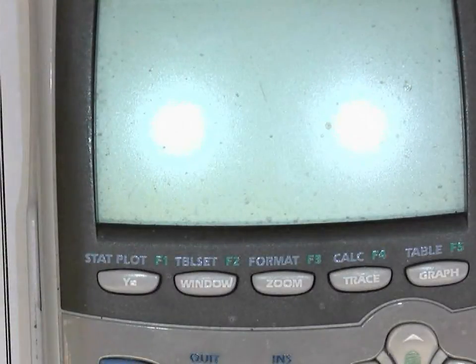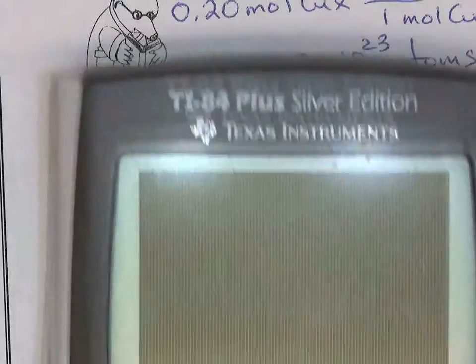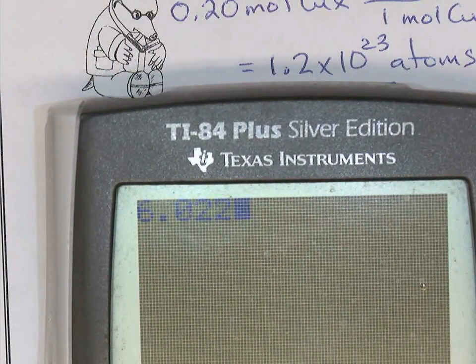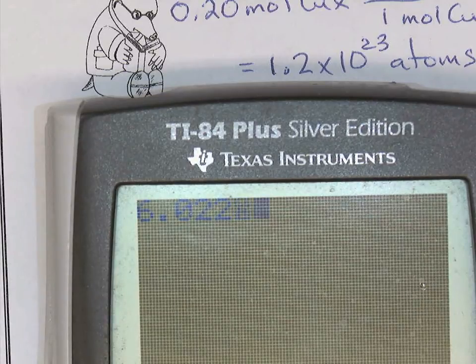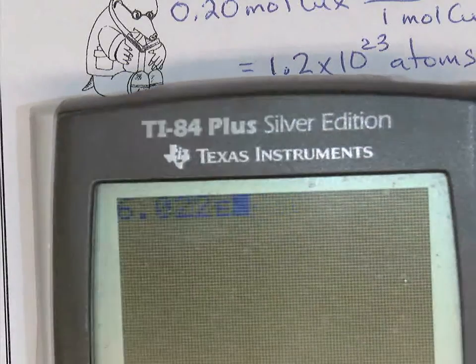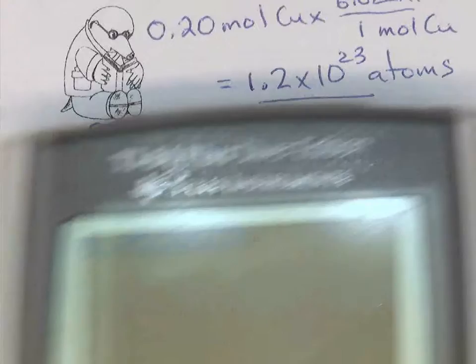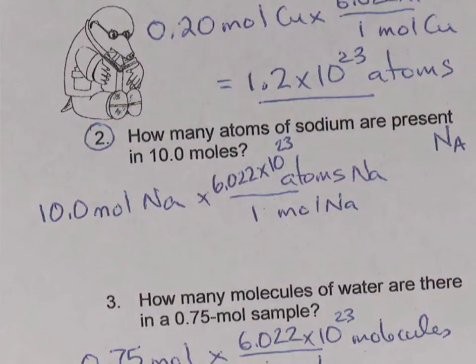So here, if I turn on the graphing calculator, it's a little hard to see, but 6.022 and then second function EE, and on the screen it actually says the letter E and then 23. So that would be 6.022 times 10 to the 23. And again, the advantage is that the calculator treats that as a single number, not as two numbers being multiplied.